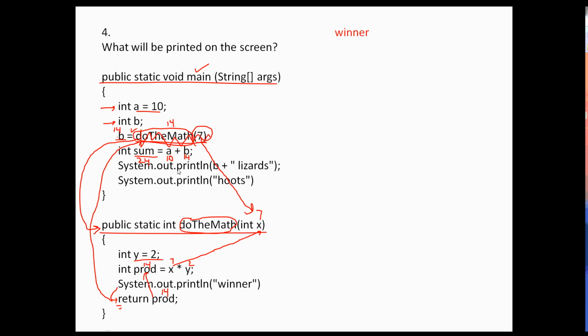The next statement down is a print statement. It calls b, which we know to be 14, and then it's going to literally print a space and lizards. So 14 lizards. The next line down is a print statement. It just says print hoots. That is now the end of the main method, so we're done with number 4.